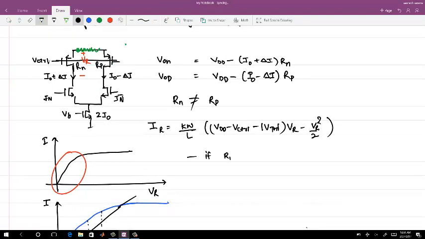If Rn is equal to Rp and the common mode rejection ratio of this cell is some finite value, meaning not infinite, which you will have only in an ideal case, what do you think about the supply noise coming at the output?